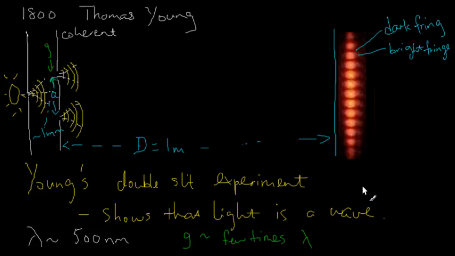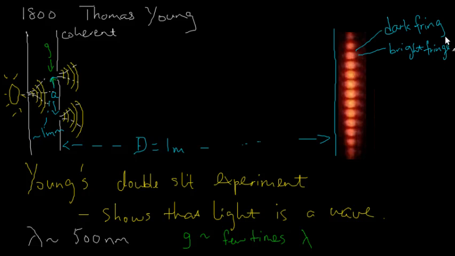I've talked about how we can set up an experiment using ideas from diffraction and interference that we learned from the ripple tank experiments to observe interference in light.